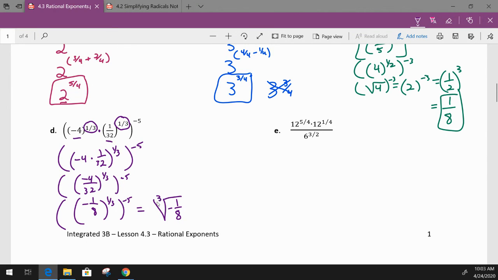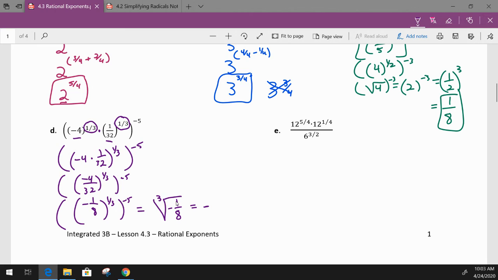If this was an even root, like a square root, it would be imaginary. When it's an even root, it would not be a real number. So you cannot take a negative number to an even root. But 3 is an odd root. So the negative number to an odd root will be negative.